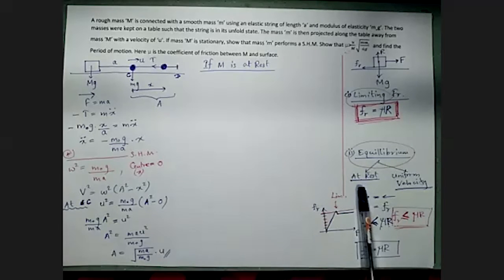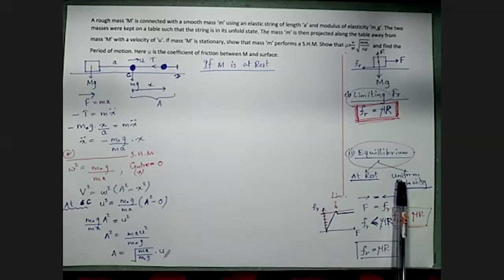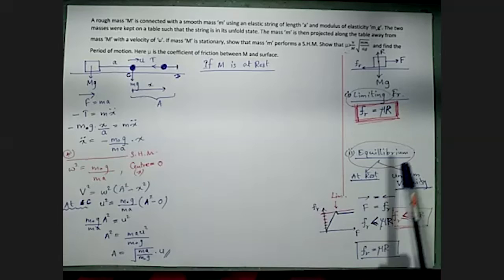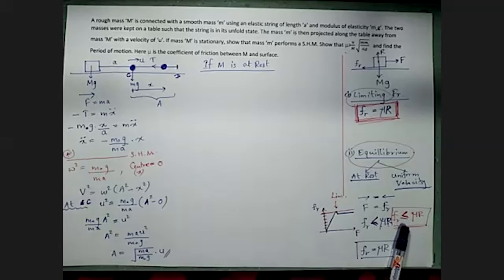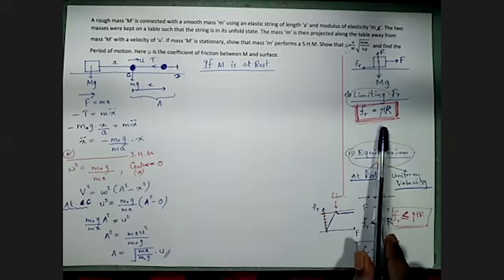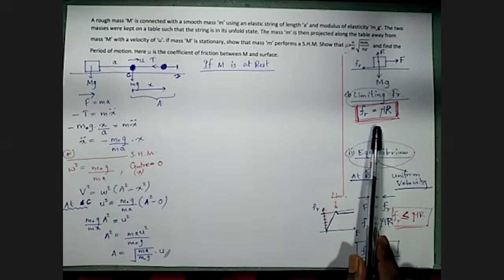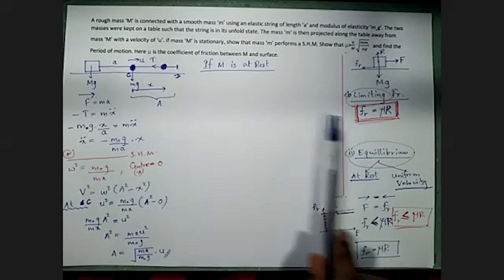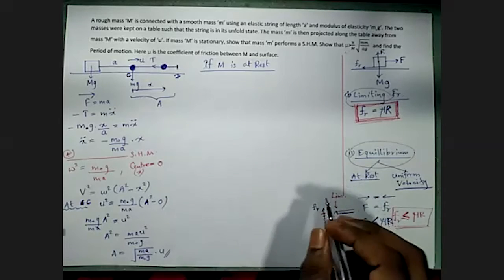If a mass is at rest or moving under uniform velocity, that mass is in equilibrium. Therefore, we can apply the inequality. If you consider limiting friction, you can't obtain an inequality. It is an equation.